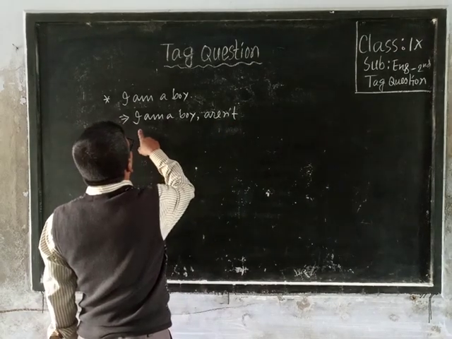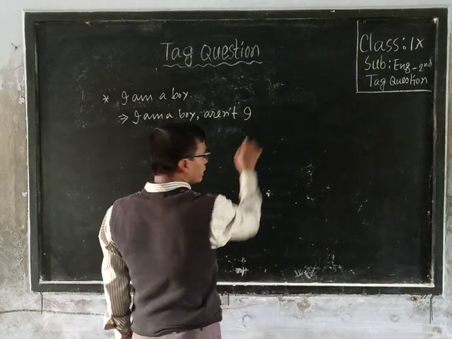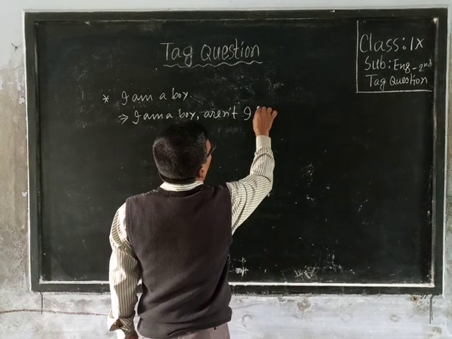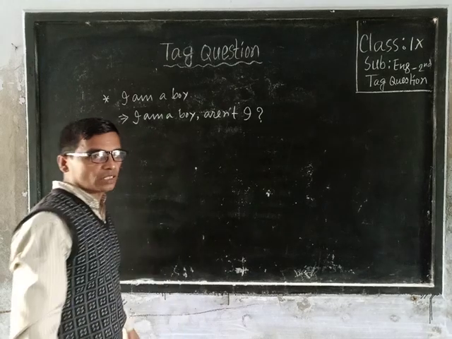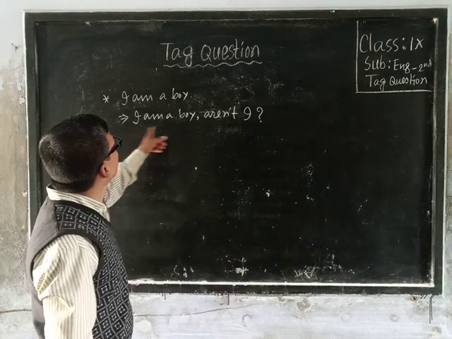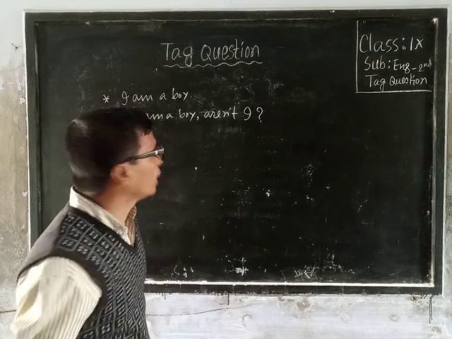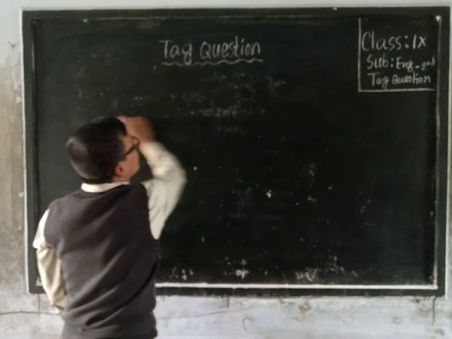Then we will put the pronoun of the sentence, that is I, and at last we will put a note of interrogation mark. So the tag question here is: I'm a boy, aren't I? I think dear students, you have learned this.